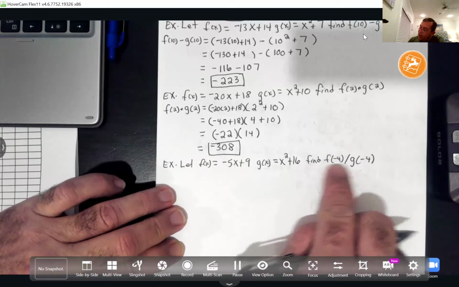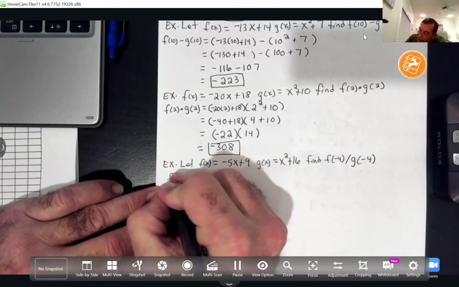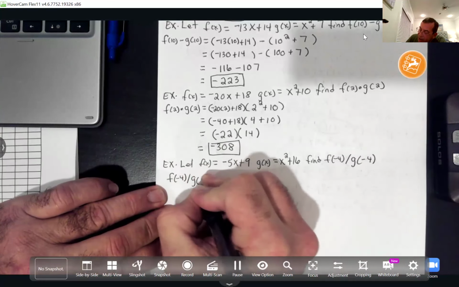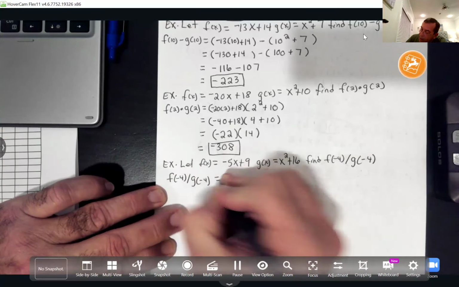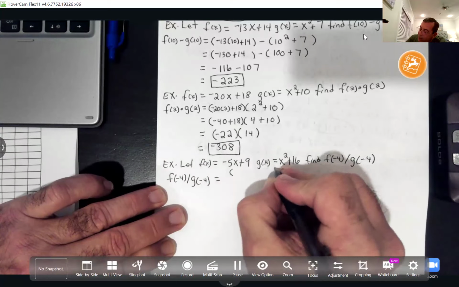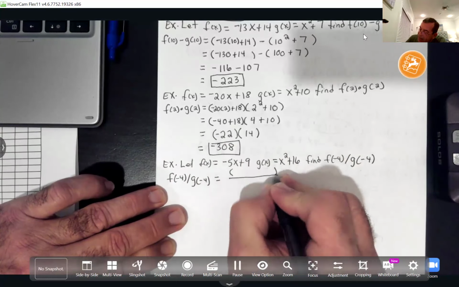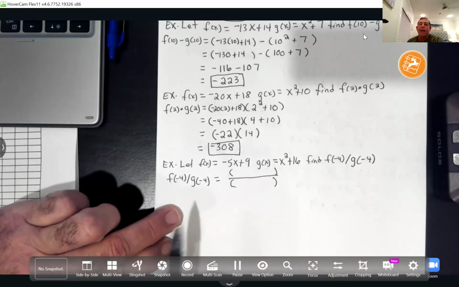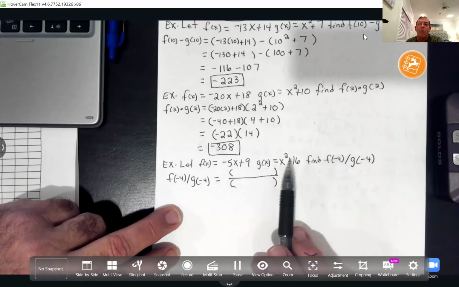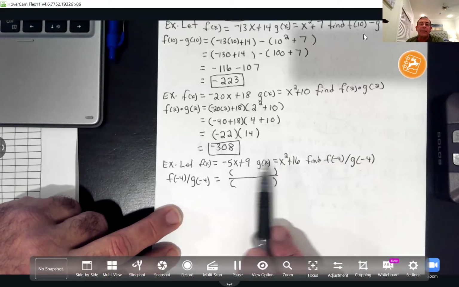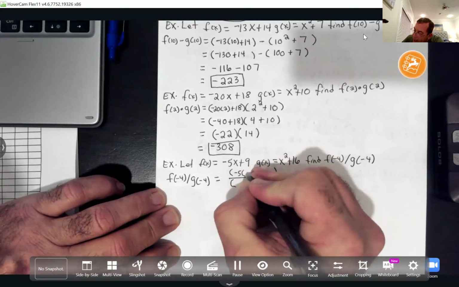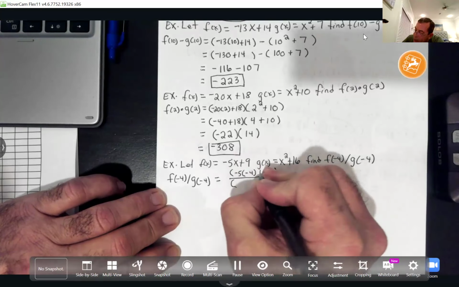All righty, so looks like we're doing division. So f of negative 4 divided by g of negative 4 will equal my f equation divided by my g equation. And then remember, I'm putting a negative 4 in for each of the x's. So f on top will be negative 5 times negative 4 plus 9.